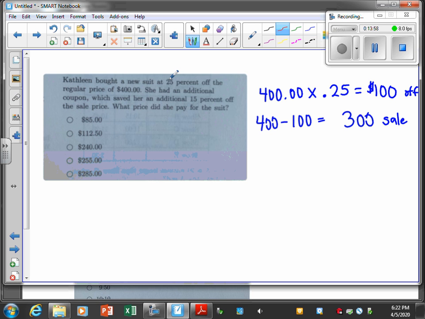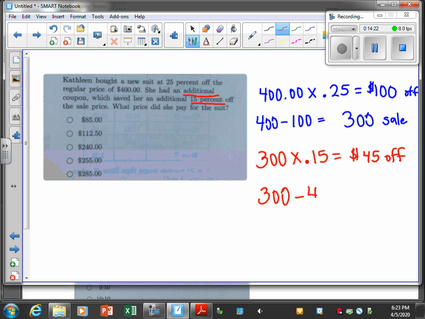Now they said an additional 15% off. So if I take the sale price and I do an additional 15%, remember we write that as 0.15, we find out that that is $45 off. Now that's from the sale price. Well, the sale price we calculated 300.